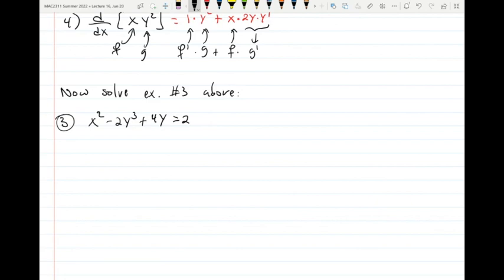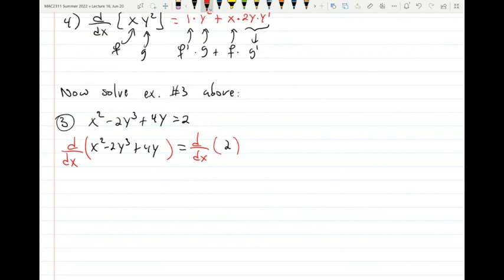Once you have something like this, apply the derivative on both sides. So now you do the derivative of the left side, and that's going to be equal to the derivative with respect to x of the right side. Questions?